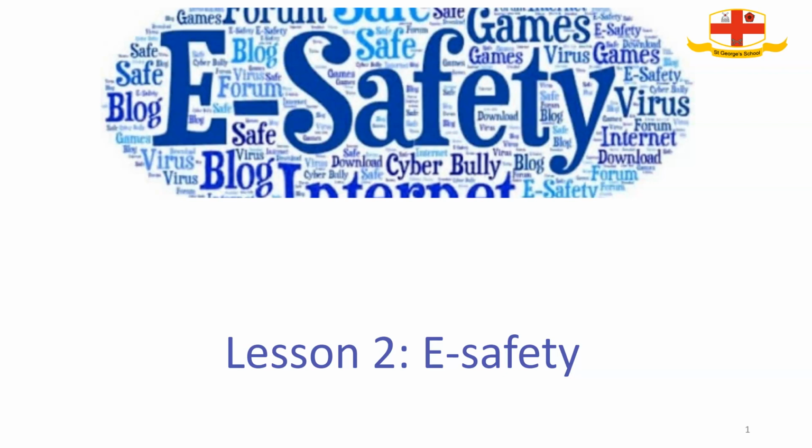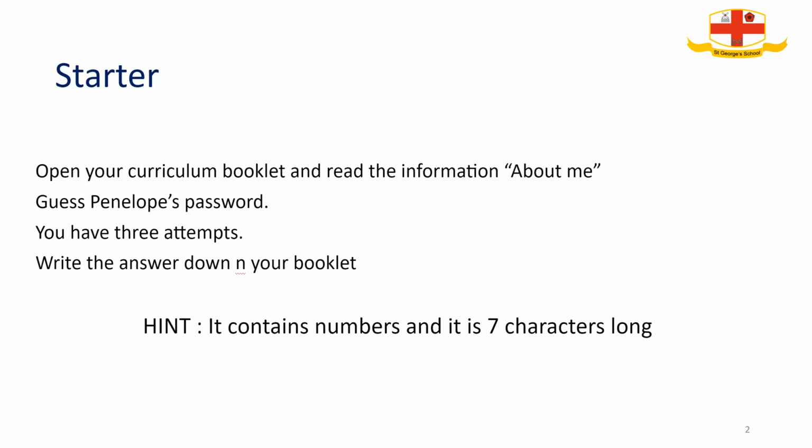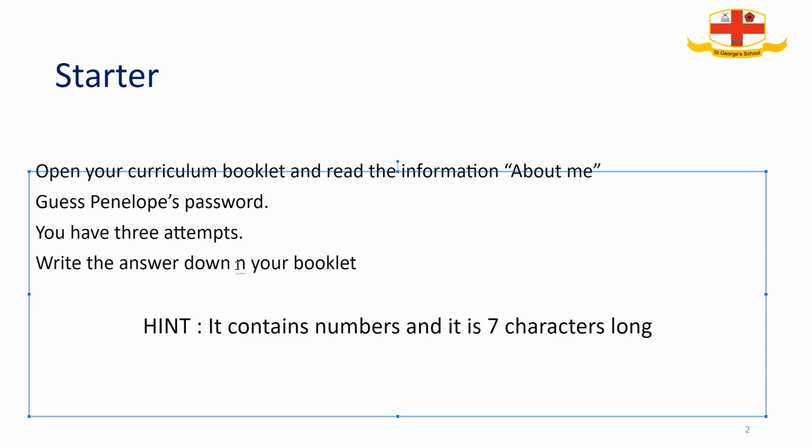So first things first, you obviously did the starter in your curriculum booklets and you had to guess Penelope's password. It had various words and about me, this character called Penelope, and she has given quite a few details like her pet's name and her address and things like that.